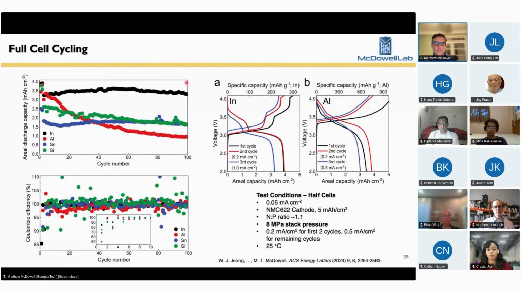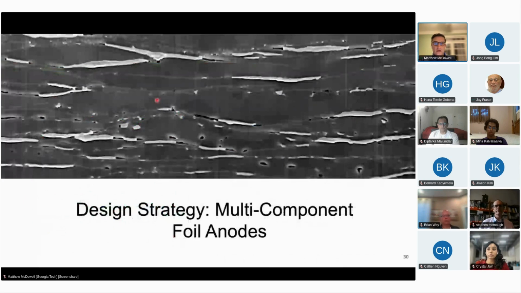This is just some data from full cell cycling showing that indium also can be used effectively in full cells. Notable, of course, that indium is very expensive. But we've taken these sorts of understandings and we've developed a pretty new concept for solid-state battery anodes, which behave quite well.